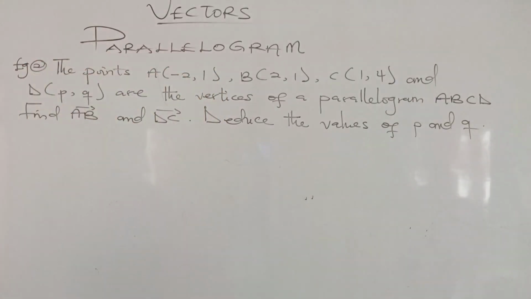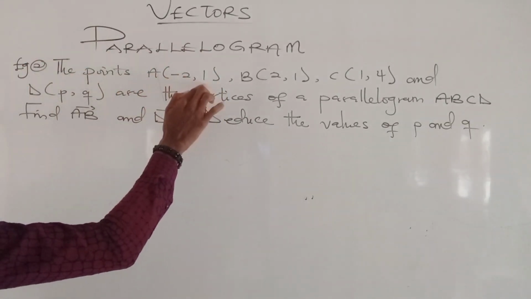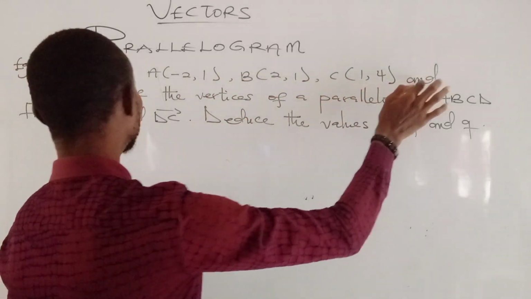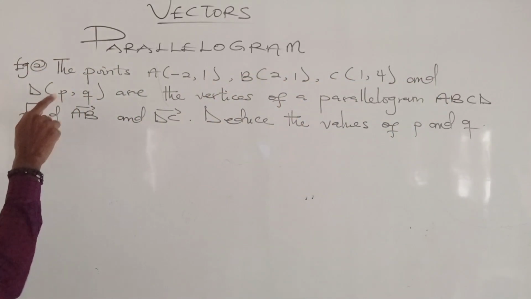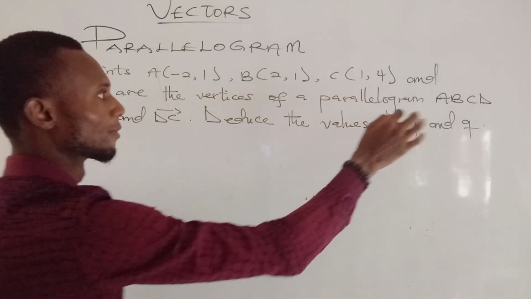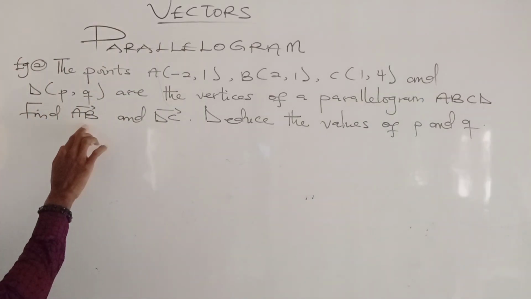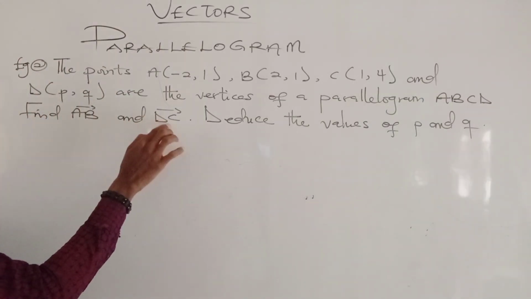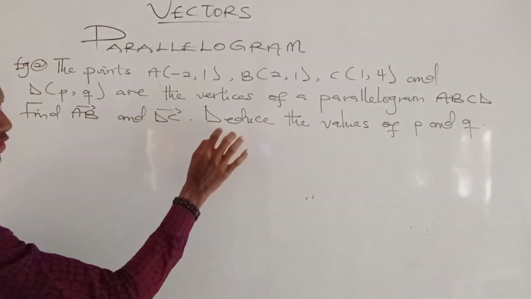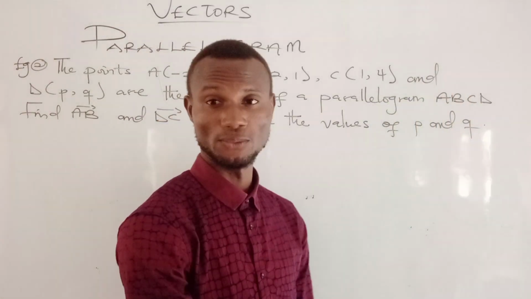It says that the points A(-2, 1), B(2, 1), C(1, 4), and D(P, Q) are the vertices of a parallelogram ABCD. Find the vector AB and vector DC. And the next part is saying that we should deduce the values of P and Q.